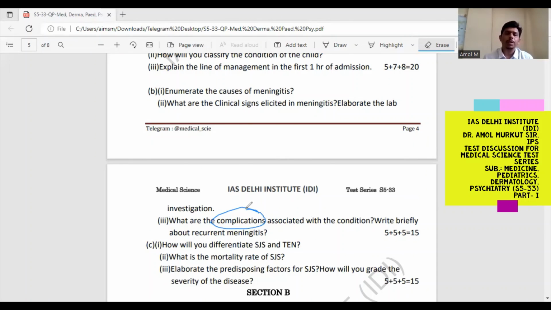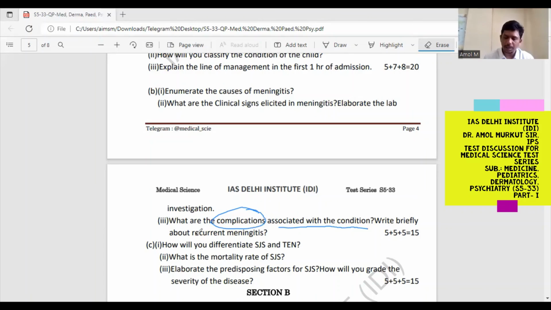Or blindness. These are various focal neurological complications. These are most important. Then other is increased CSF pressure, then herniation of the brain. All these are the complications of the condition. Then there may be other systemic complications such as imbalance of electrolytes.